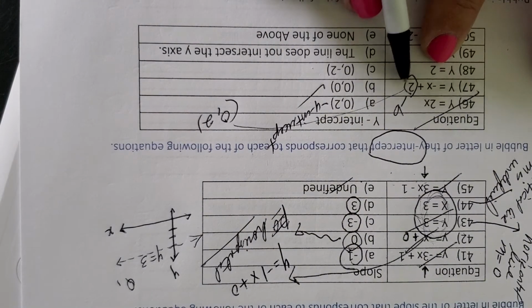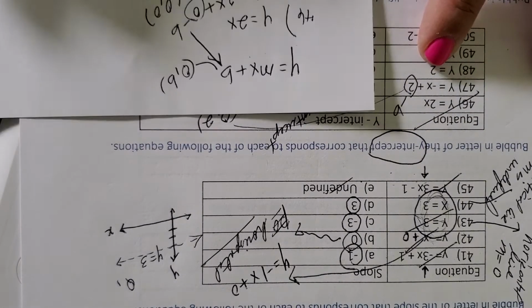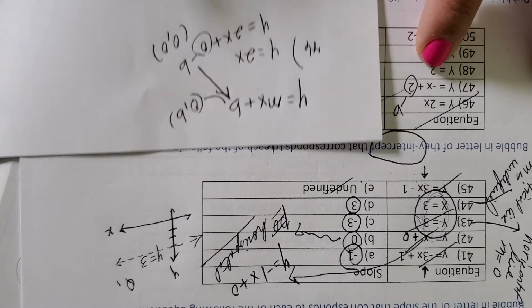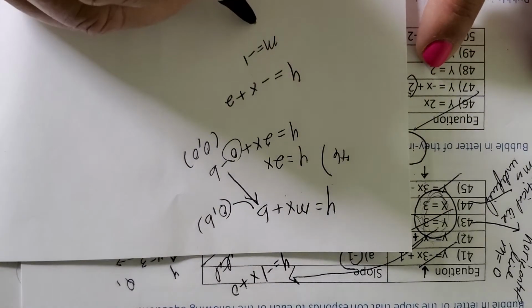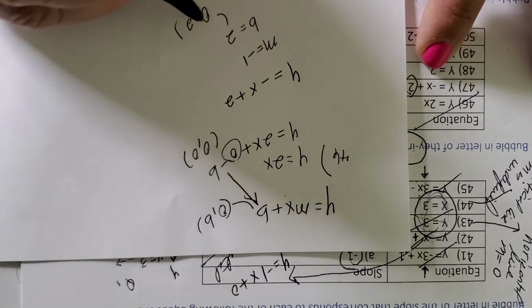And how do you know this? Because when the equation is in the form y equals negative x plus 2, m is negative 1 and b is 2. So the y-intercept is (0, 2).